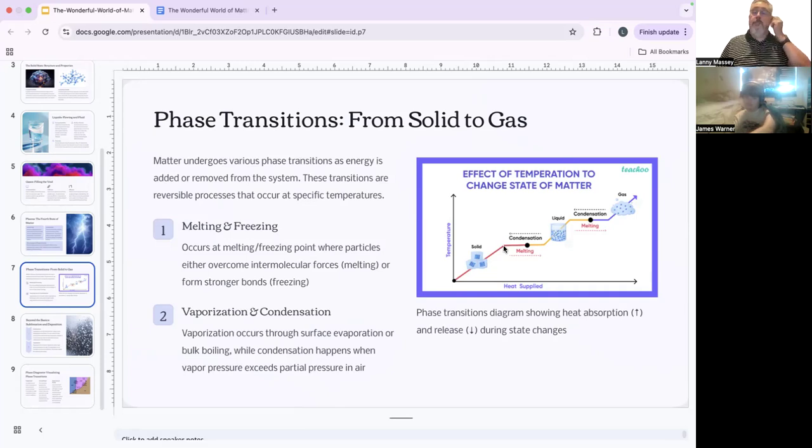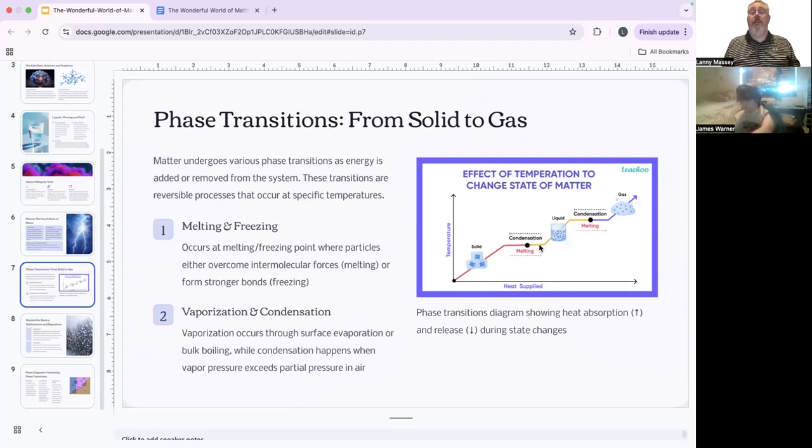Once water hits its melting point, notice along this line the temperature isn't changing because the line is flat, right? That is where melting is occurring. So as we add energy, the energy is no longer changing the temperature. It is being used to change solid ice to liquid water.